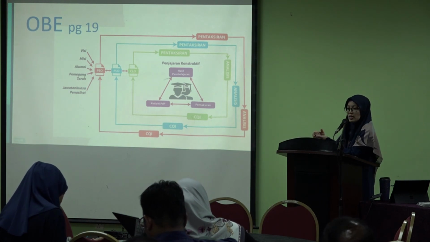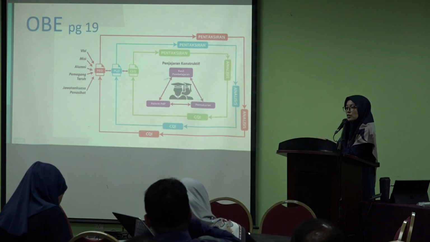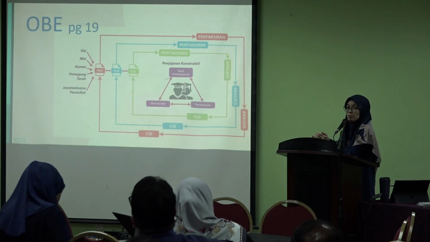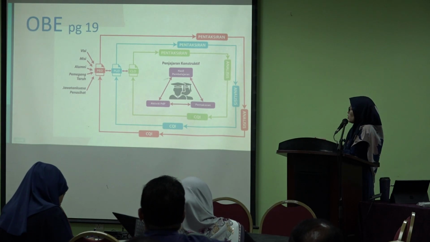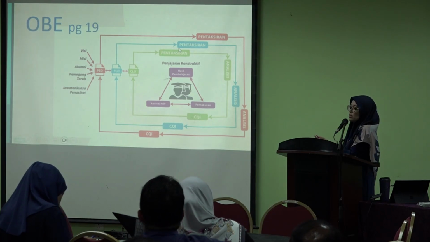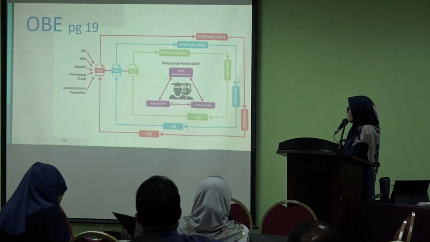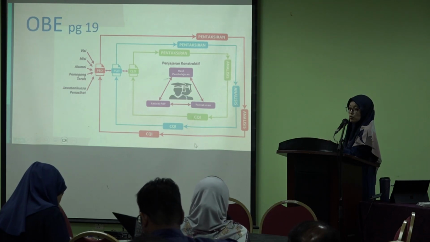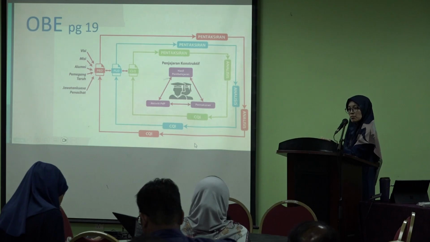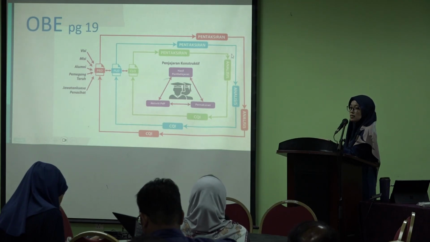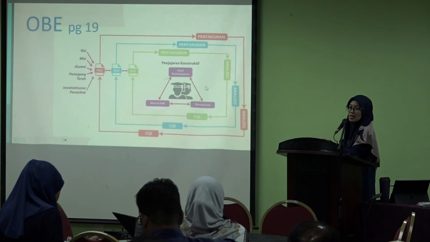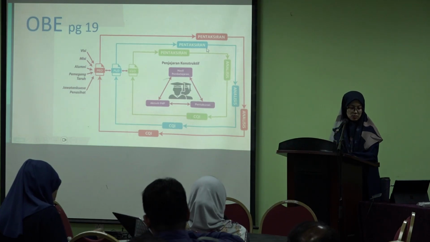For PLO, once your students finish that cohort, you can straight away produce the report. You evaluate the report, see how that cohort did against our PLO, analyze it, and see whether you have to improve your PLO or not. That's the cycle.